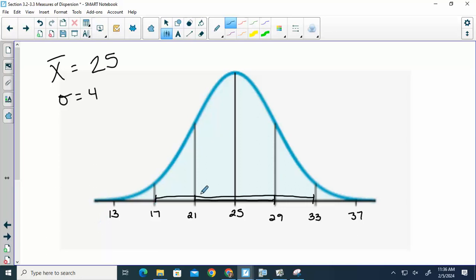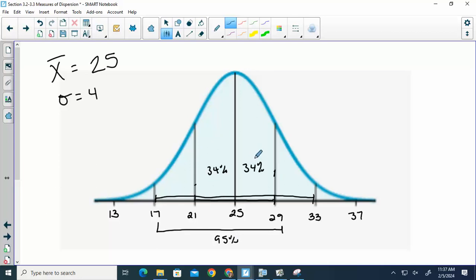We can kind of think in terms of percentages too. So if 68% is in the first standard deviation, then that means you would have 34% below, 34% above. If we think about the next group, from here to here is 95%, right? 68 is in the middle, so how much is left?